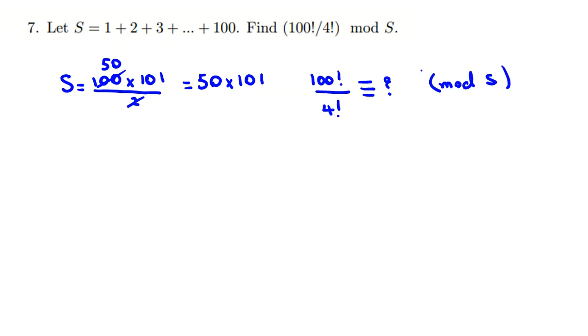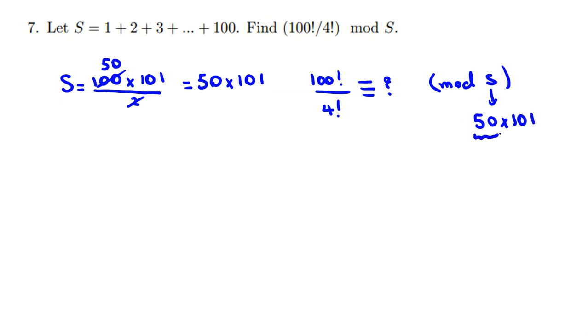So we've learned congruency, the things that are important, and we want to apply them here. So we want to find mod S. S is what? S is 50 times 101.